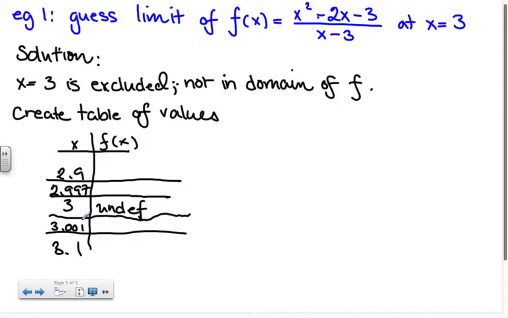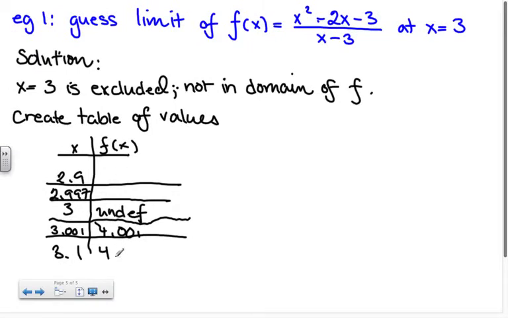So when you do this, so we go 4.001. Will of course be 4.1, and then 2.997, so it'll be 3.997, this will be near 3.9.